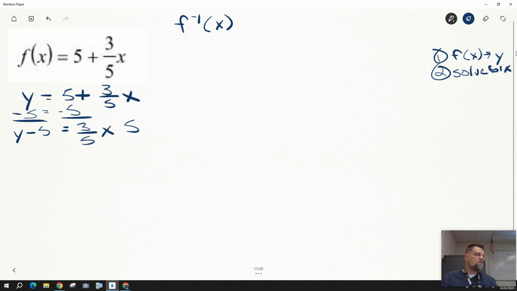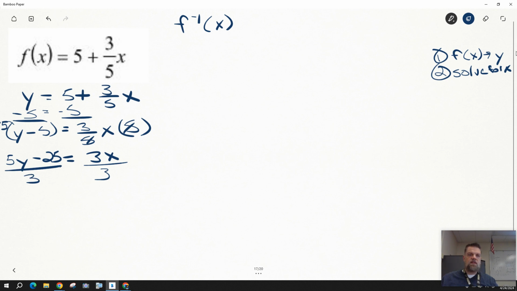Going to multiply this by 5, going to multiply this by 5. These 5's will cancel, and I get 3x is equal to, now I'm going to distribute this 5 through the parentheses, so I get 5y minus 25. Lastly, I'm going to divide by 3, going to divide by 3. Okay.